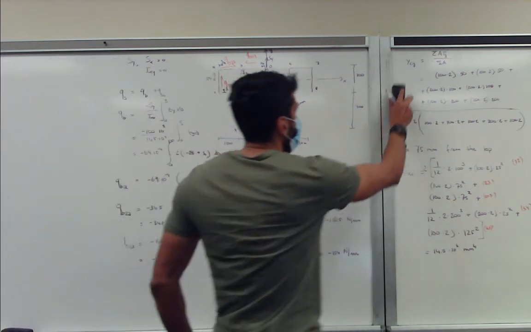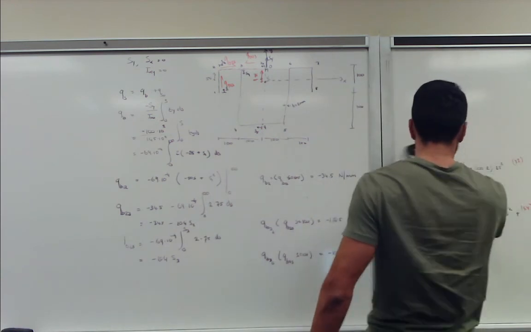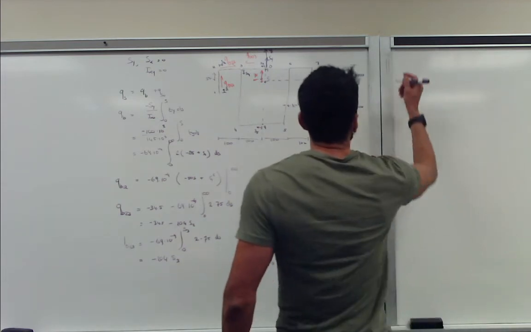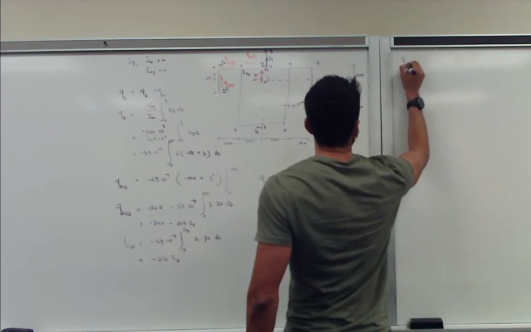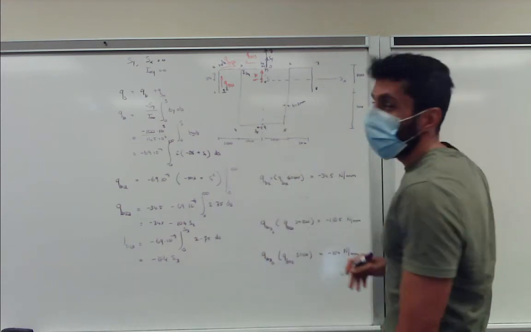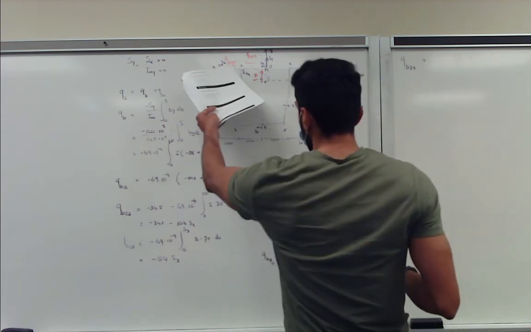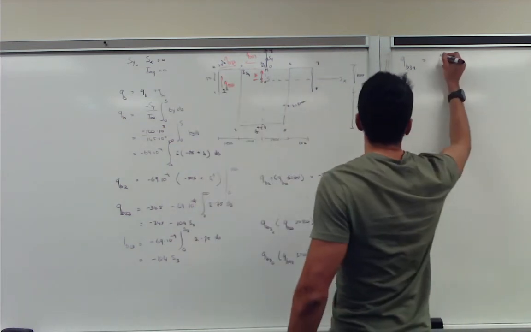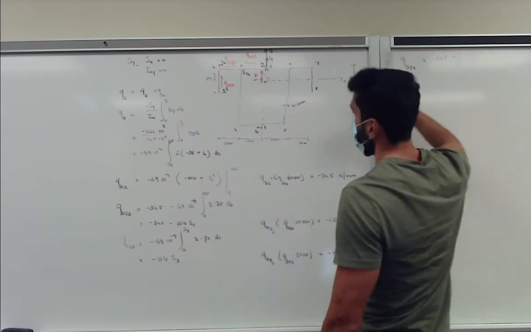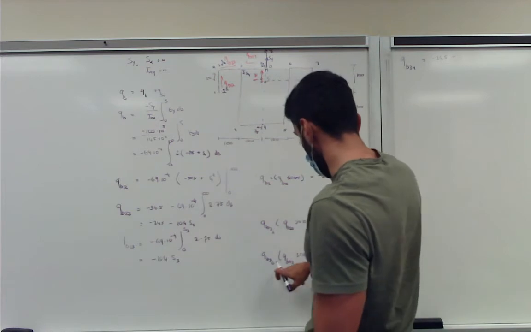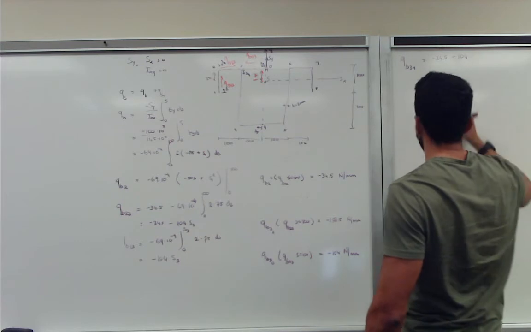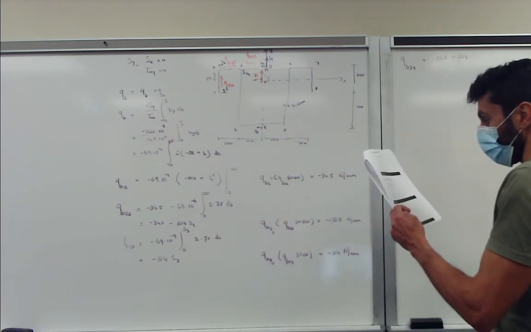I'll move to that side of the board. I want to keep that as is. So QB34. We have to add in all the starting points. So this was negative 34.5, plus the starting point from this side, QB03, that was negative 104. So we get negative 130.